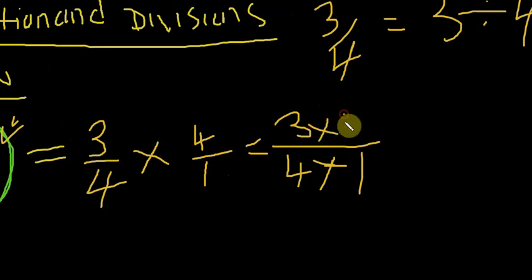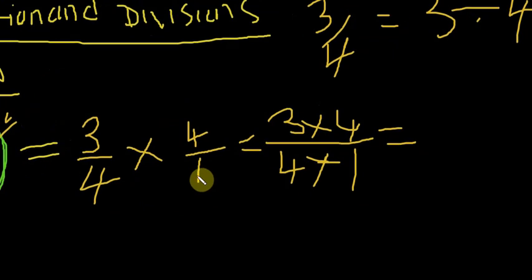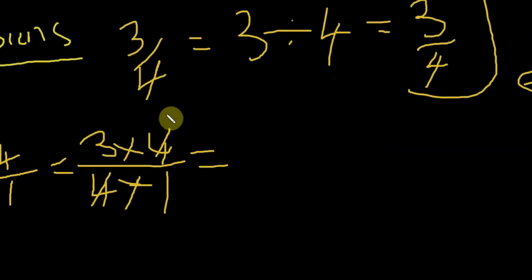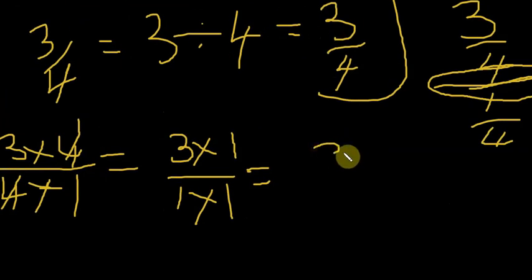When we are here, if you're very good, since this is multiplication, the 4 there and the 4 here are divisible by 4, and they both give 1. 4 goes into 4 one time, so 3 times 1 over 1 times 1. So my final answer, 3 times 1 is 3, divided by 1 gives us 3.